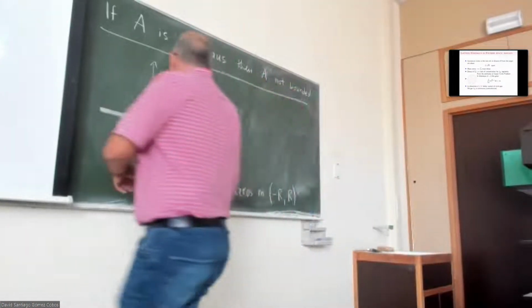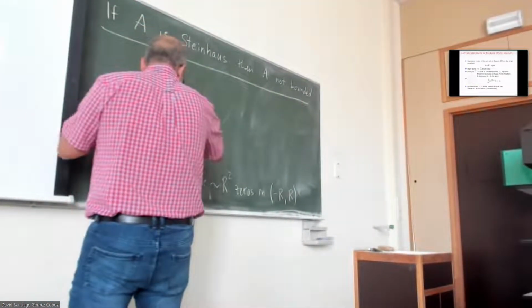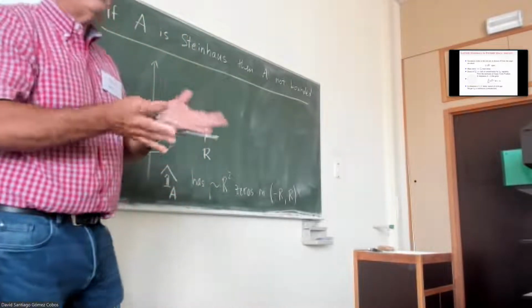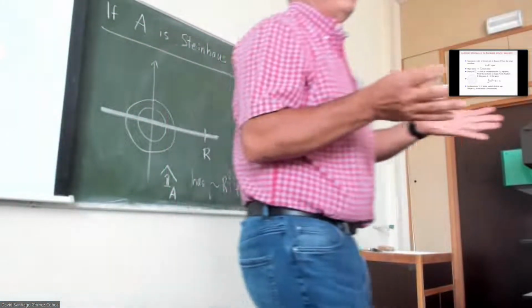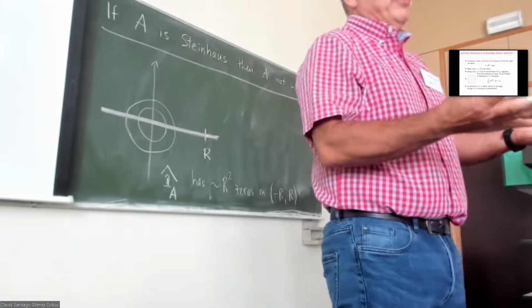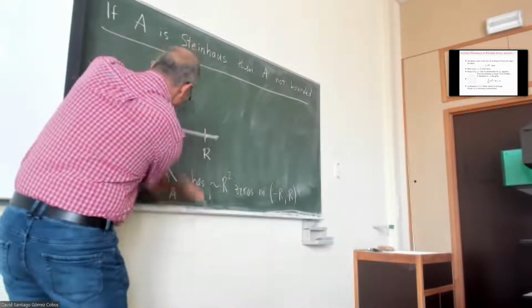The function 1A hat restricted to a line. Well, it's very simple to see that it's actually a Fourier transform of something. What is this something? It is the projection of 1A onto this line.